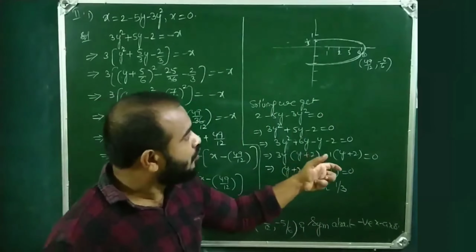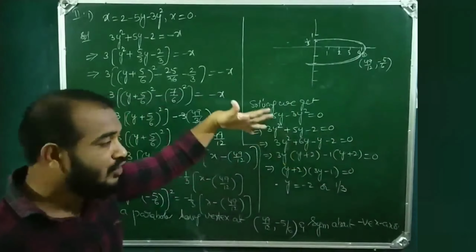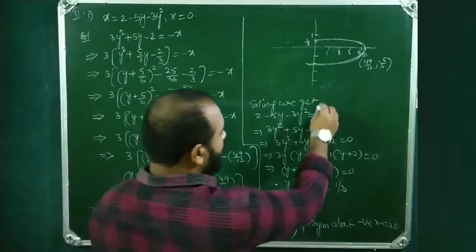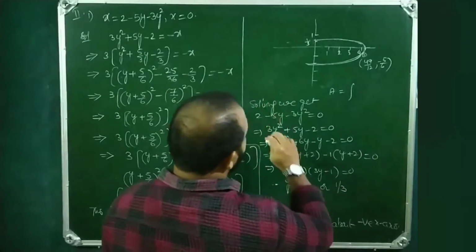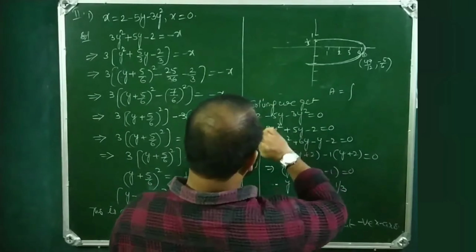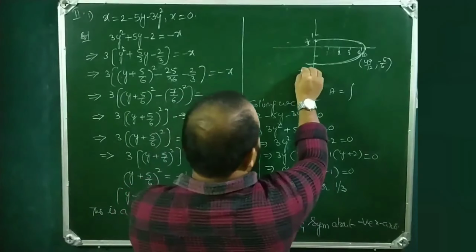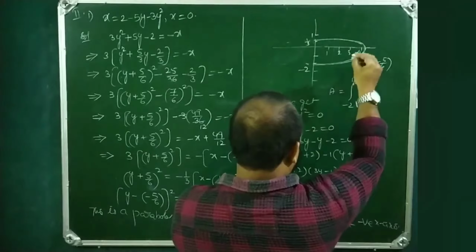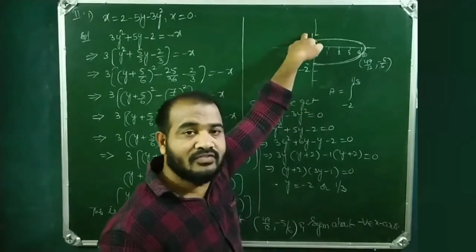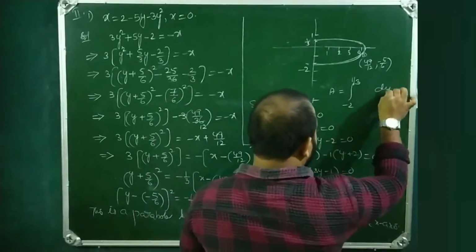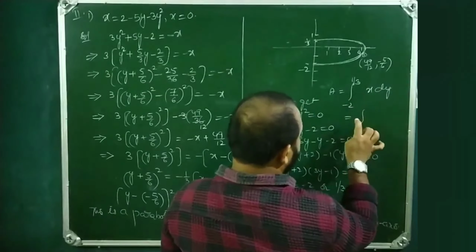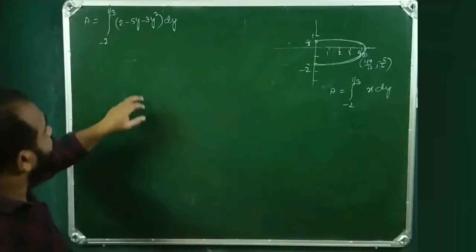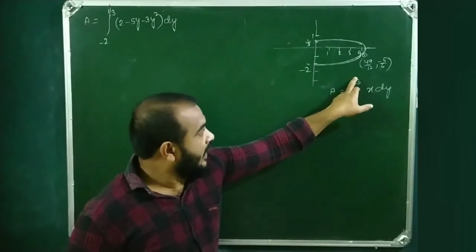Actually, just to know the behavior of this, we had to undergo this complex process. So what is the area now? Area equals the integral from minus 2 to 1 by 3, which are the limits of y, of x dy.